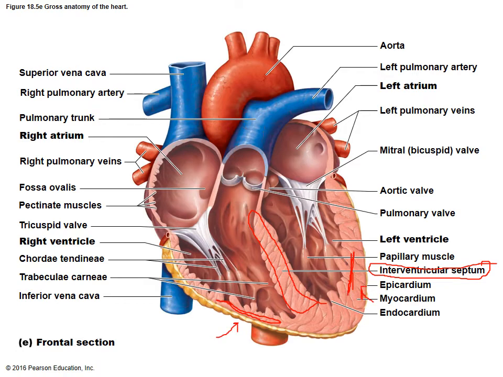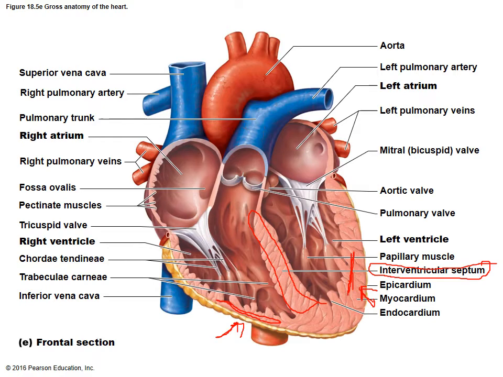Hopefully, as you're doing your comparison, you will agree with me that the first side that I pointed out, this one right here, is smaller compared to the second one. Now, why do we care which side is smaller or larger than the other? We care because it's going to allow us to clearly identify what is the right side of the heart versus what is the left side of the heart.